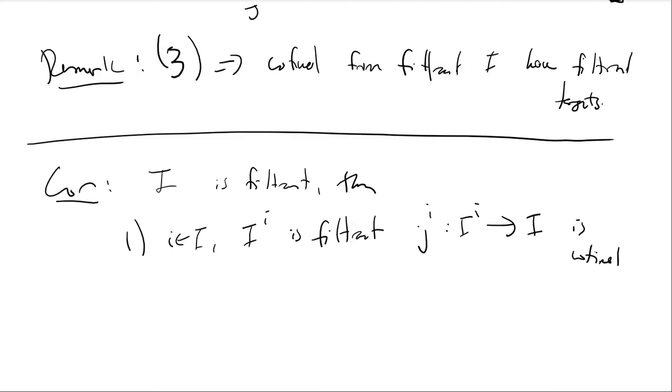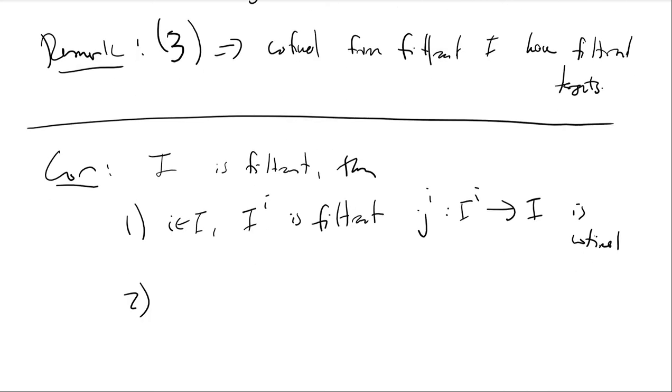And the other part of the corollary is that the diagonal functor delta is cofinal as well. And if you've never seen this before, like in topology or geometry or any of those branches of math where diagonal maps appear, then you should know that this takes an object i and sends it to (i, i), like so.